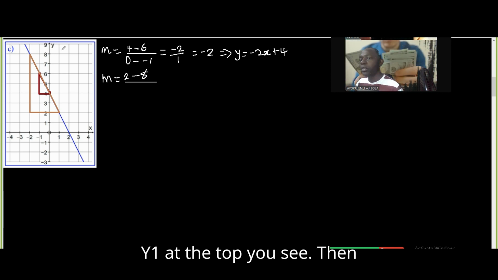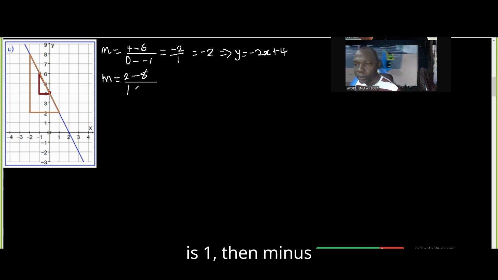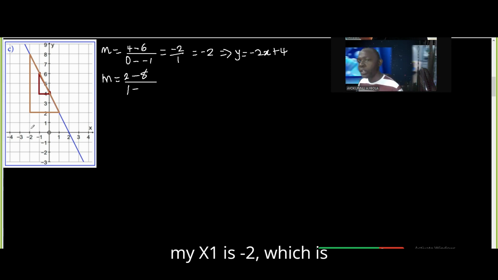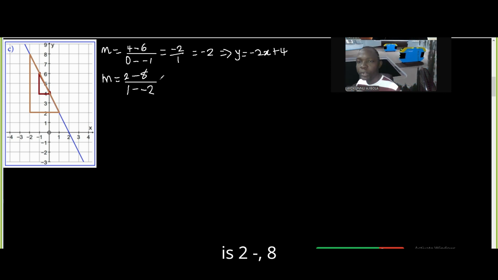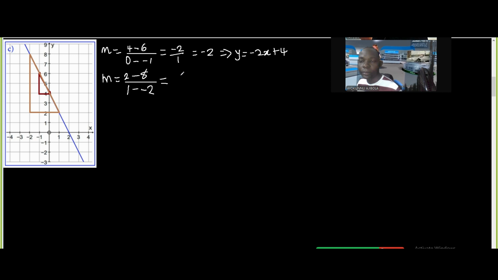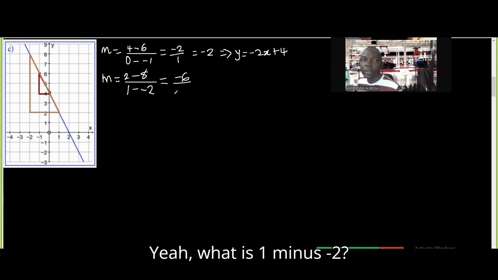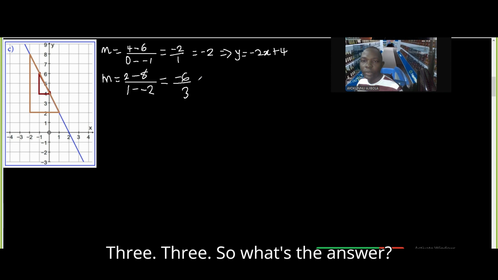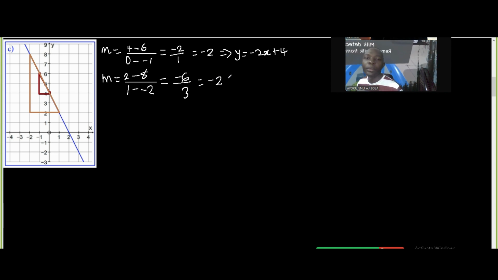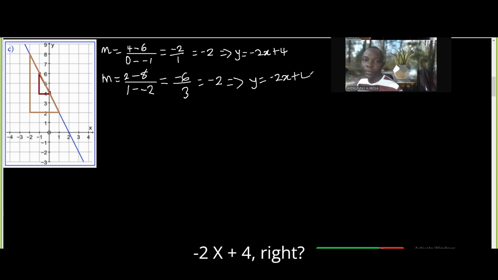My x2 is 1, then minus x1, which is minus 2. So 1 minus minus 2. What is 2 minus 8? Minus 6. What is 1 minus minus 2? 3. So what's the answer? Negative 2. Again, y equals what? Minus 2x plus 4, right?